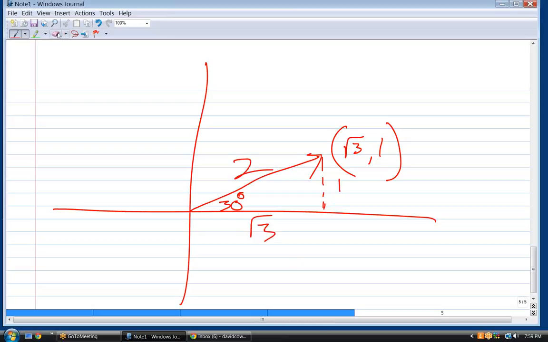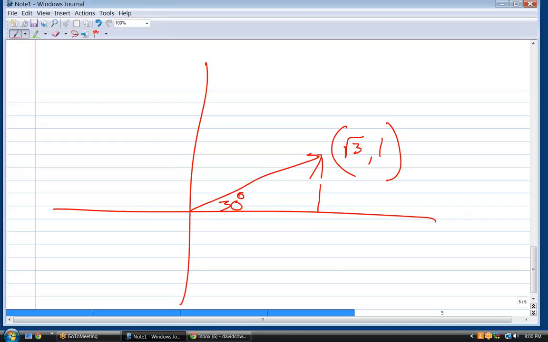I constructed it like that, but it's that vector, right? If you were to break this up into its components, you would want to know what the vertical and the horizontal are. In other words, breaking this vector up into its components would be going up 1 and over to the right by square root of 3.